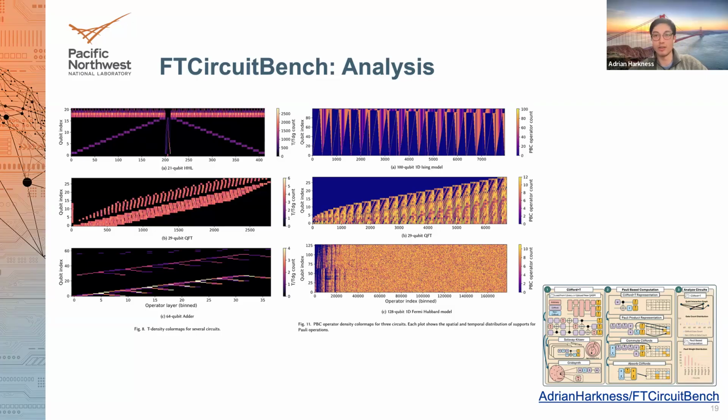It also gives you a structural decomposition of your algorithm. You can see that, for example, the top is the HHL circuit, which I've described as essentially composed of quantum phase estimation and then uncomputation of that quantum phase estimation, which gives it this very symmetric structure. But you also really see that the qubit registers up at the top, I think 17 through 20, are where you initialize your B vector.